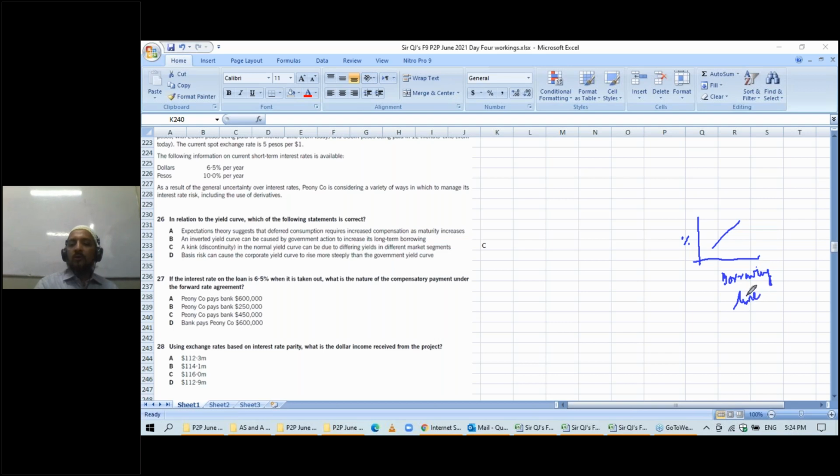So the yield curve shows you, suppose you are borrowing for 2 years, so this is the interest rate, right? If you are borrowing for 4 years, the interest rate jumps up to this much. Then if you borrow much longer, the interest rate keeps rising. So it shows you the longer you borrow, the higher the interest rate will be. This is the shape of the normal yield curve. Is it okay?